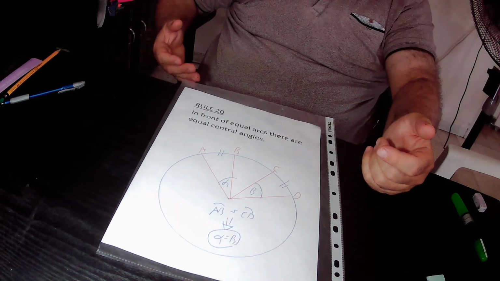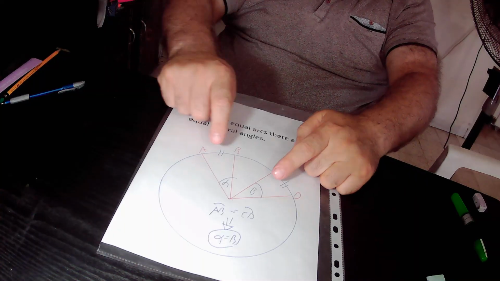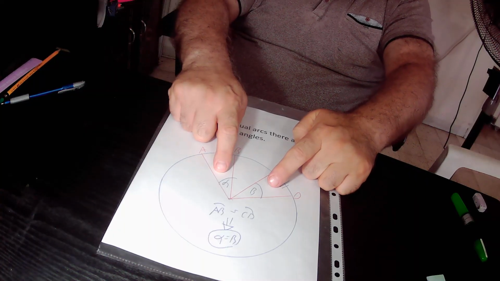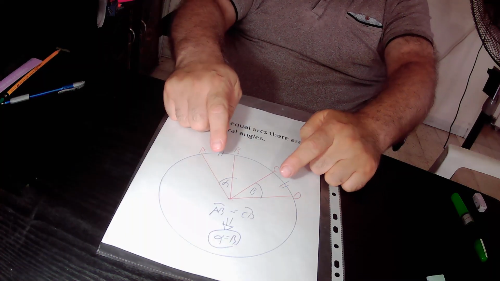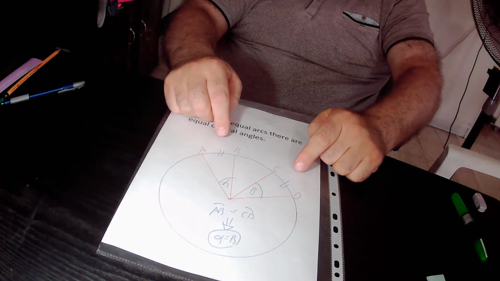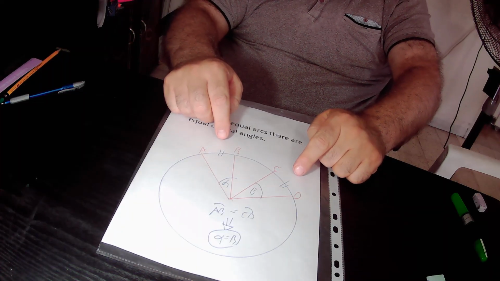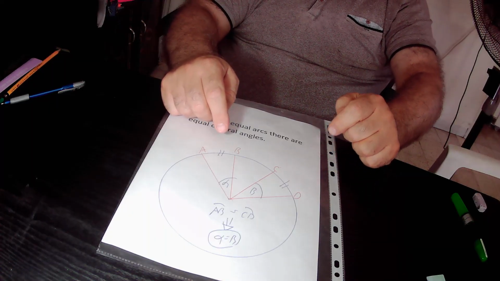And according to this rule 20, the two center angles are equal to each other. That is to say, center angle alpha equals center angle beta, because those two center angles are located in front of those two equal arcs. Okay, so we can actually implement rule 20 in our drawing.